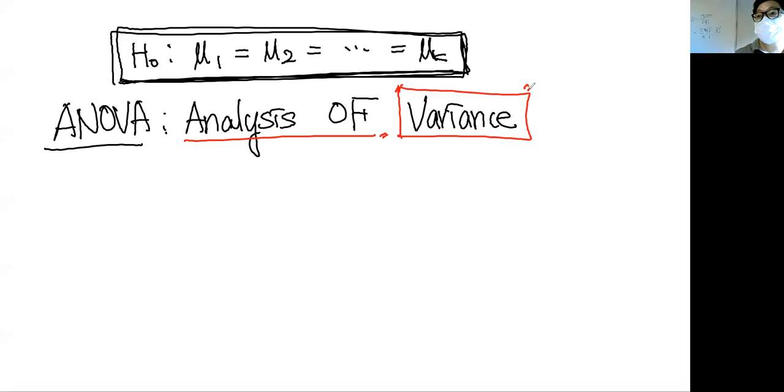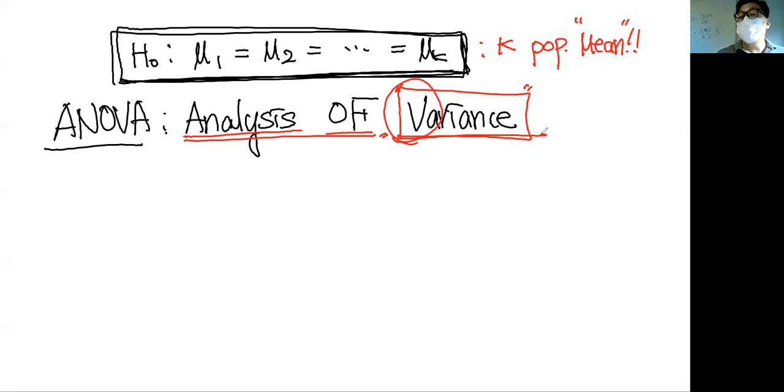Very interesting. We are comparing K population means. We want to compare population means. But what is the title? Analysis of variance. Why is it not analysis of means? Why is it the analysis of variance?